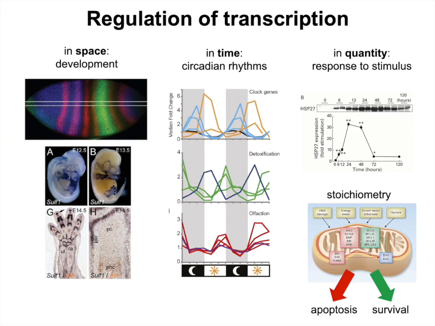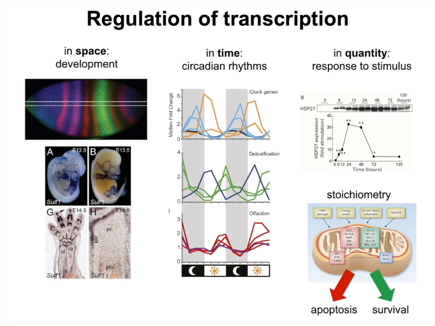Regulating protein abundance is important not only for individual proteins but also in complexes whose function will depend on the stoichiometry of their components. For instance, complexes of the BCL2 family regulate the mitochondrial pathway of apoptosis, with some family members being pro-apoptotic and some others being anti-apoptotic.